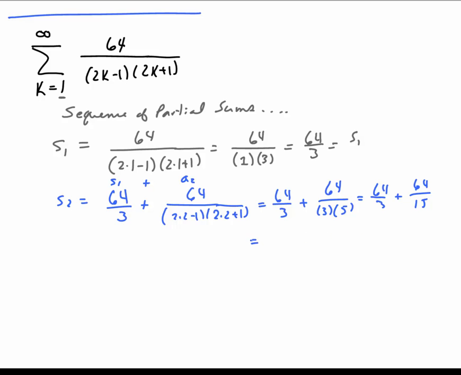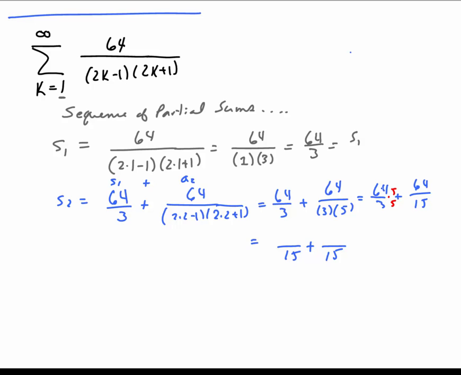I'm going to have to do some addition and subtraction here. So I'll multiply top and bottom by 5 here. So 64 times 5 is what we're going to have for my numerator here. 15 will be my denominator on both of these now. So 6 times 5 is 300, 4 times 5 is 20.